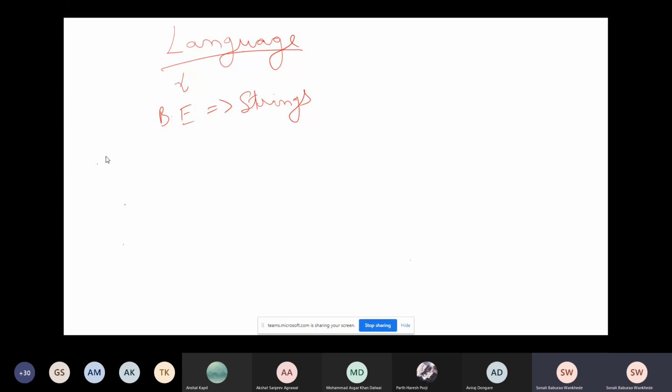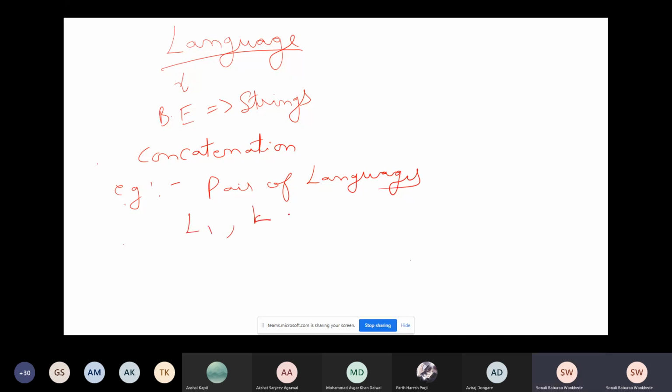Now, I will give you an example of concatenation. For example, we have a pair of languages, L1 and L2.